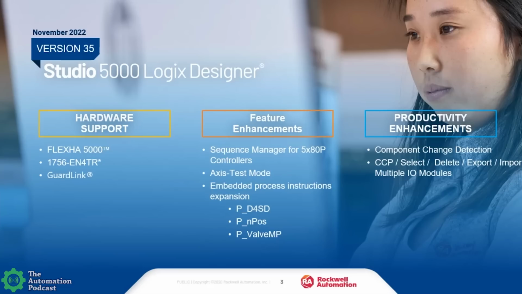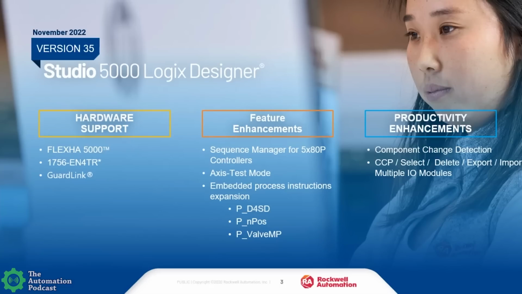Expanding on that, I really want to focus today on where we're at currently with the upcoming release of 35. With 35, there are three main areas of focus for this release: hardware support, as always, feature enhancements, and productivity enhancements.